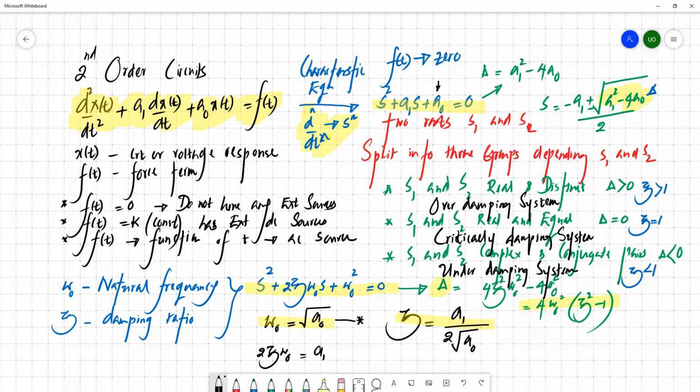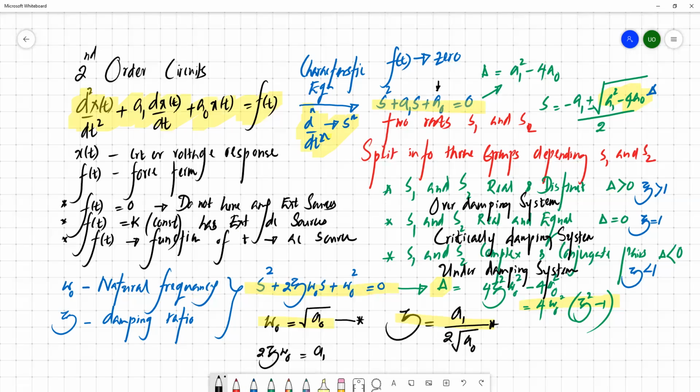We can evaluate the damping ratio once we get the differential equation. Just map the coefficients of the first order and zeroth order derivatives as this one. Then we can easily get the natural frequency and the damping ratio. If you know the damping ratio, you get the value of zeta, and based on zeta you can decide the nature of the roots of the differential equation.